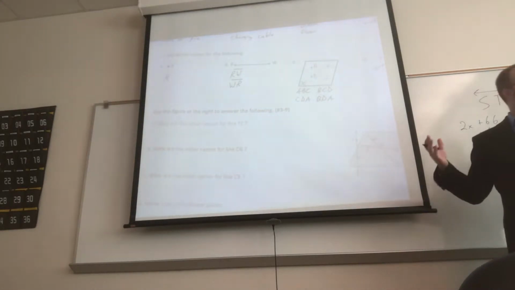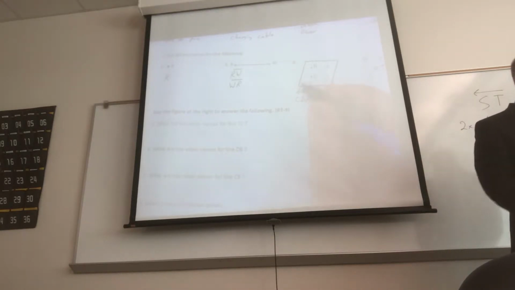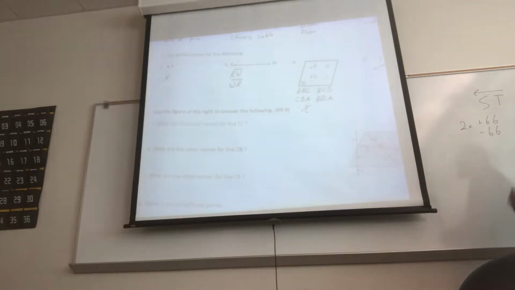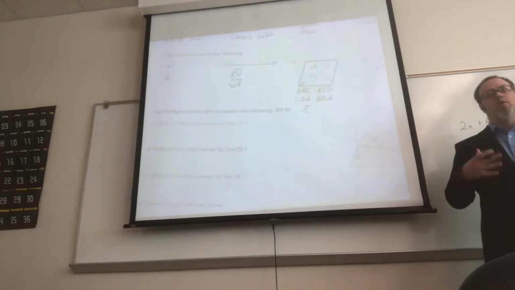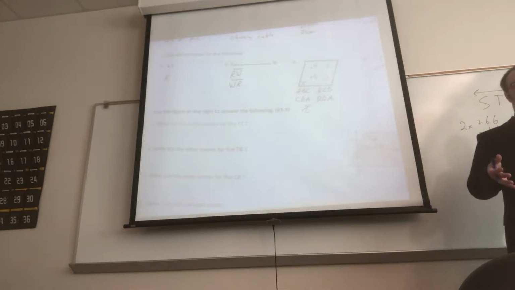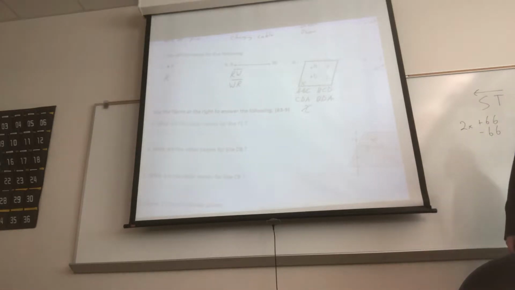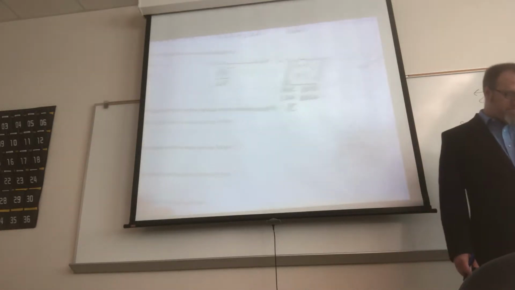You could involve all 4 letters, that would also be the name of a plane, or it has a name down in the bottom left-hand corner of it, and that is a capital X, but that's in cursive. Don't just put a capital X. A capital X would be a point. If it's in print, it's a point. If it's in cursive, that can be the name of that plane.